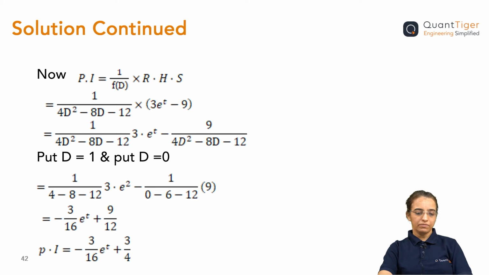हम ये differential method से करेंगे यहाँ पे, जो कि formula है 1/f(D) into RHS. f of D, that equation we already got in the previous step, we will be using that as it is, and RHS is nothing but the RHS of the given Legendre's equation, that we will be taking. ये equation हमें पहले step में मिल चुका है after doing the substitution and simplifying.